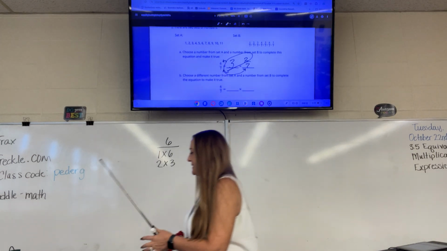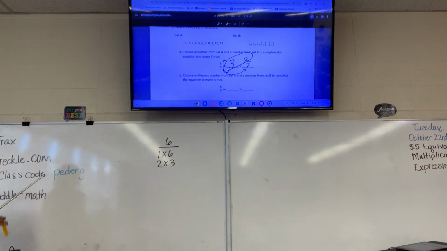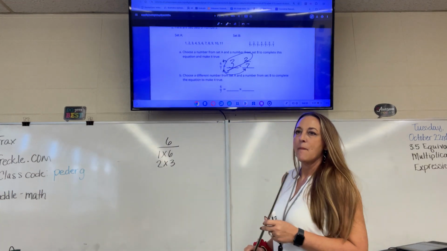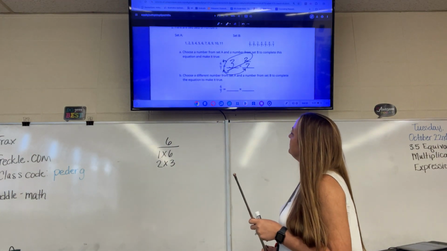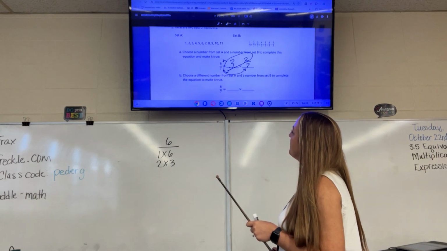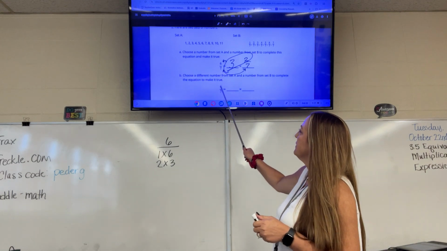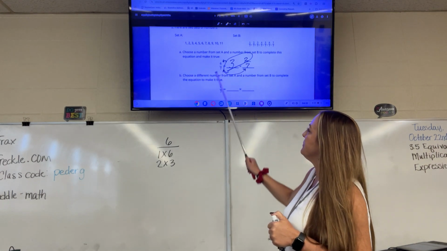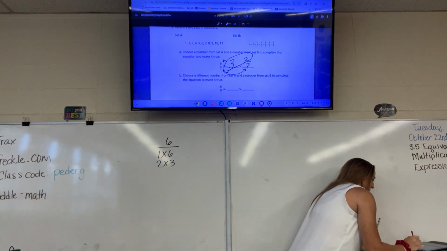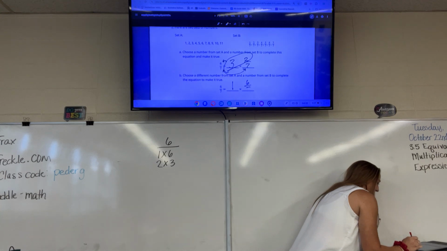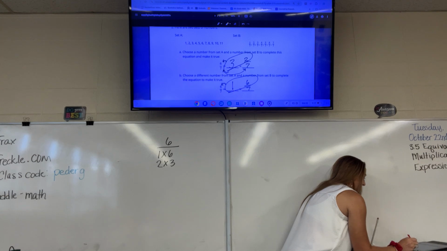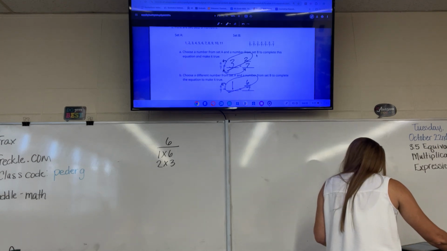Next, we got to make 6/7 again. Ian, what do you want to put here and here? 1 times 1 doesn't equal 6. This number and the numerator have to be multiplied. 1 times 6/7. That'll work. 1 times 6 gives you 6. And then the 7s match up.